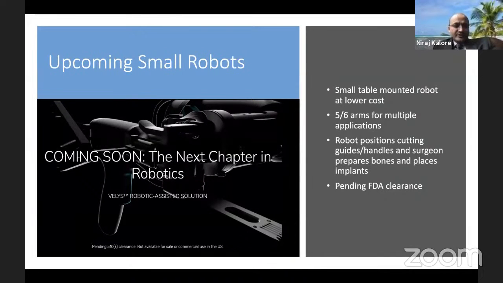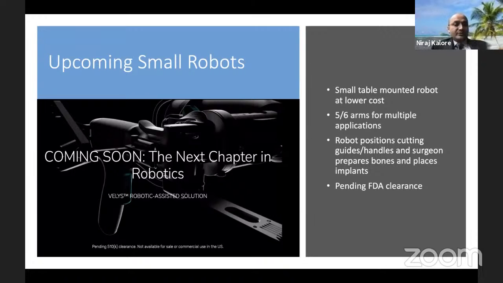This is something that's upcoming, and sorry, I couldn't remove the name. But this is a small table mounted robot that is said to be lower cost. It has 5 to 6 arms. The company that's coming out with it wants it to be used for multiple applications, not just orthopedics but other applications as well. So in a way, this is also a soft tissue robot.